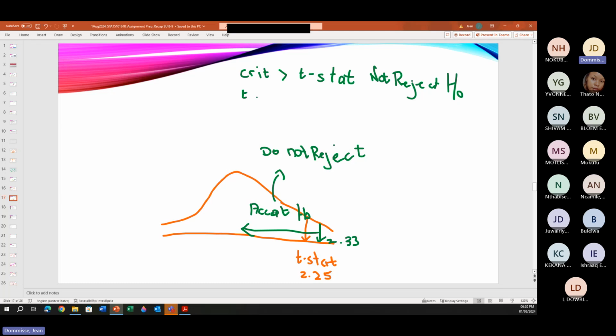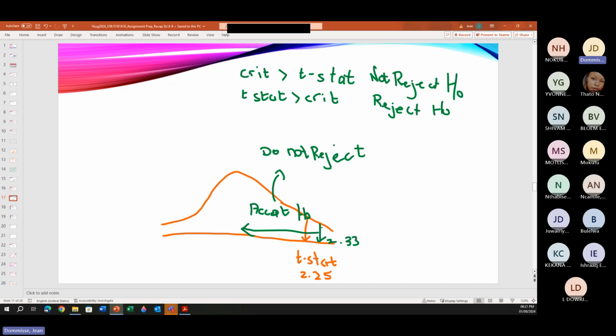If T-stat is bigger than your critical value, then we reject the null hypothesis. Okay, so if you want to nearly learn that as well, it's also a way.